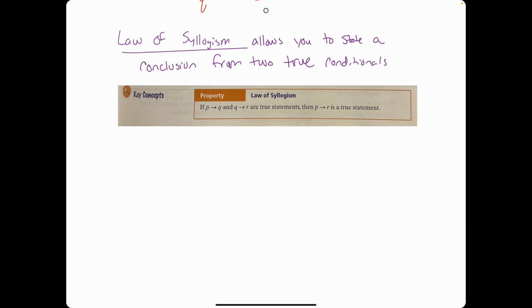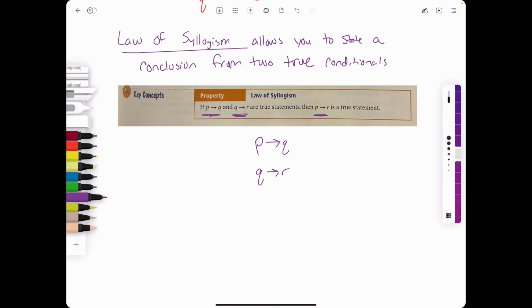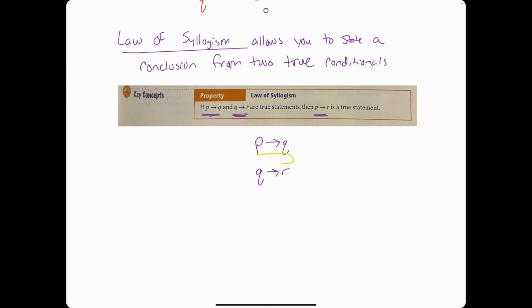So here's your key concept of the law of syllogism. If P then Q and Q then R are true statements, then we can actually make this a little more simple. We can say if P then R is true. I like to write these two vertically. So if I say if P then Q, and then also if Q then R. Well, if I see it that way, my train of thinking, I'm going to change colors for a second, goes kind of like this.